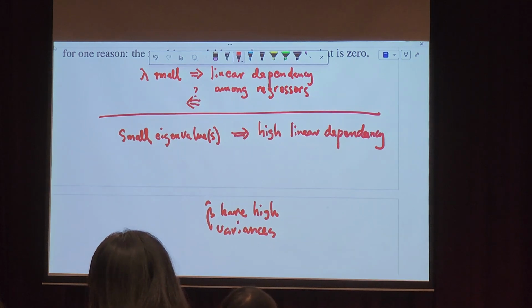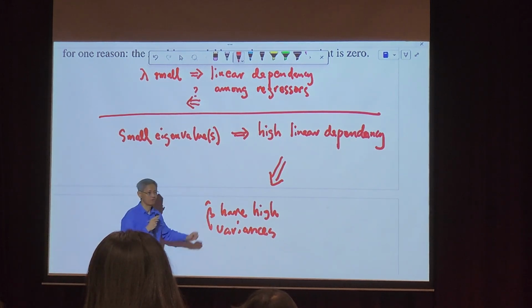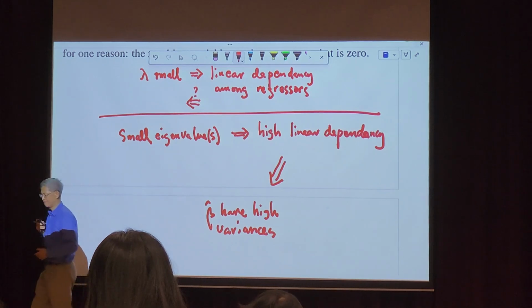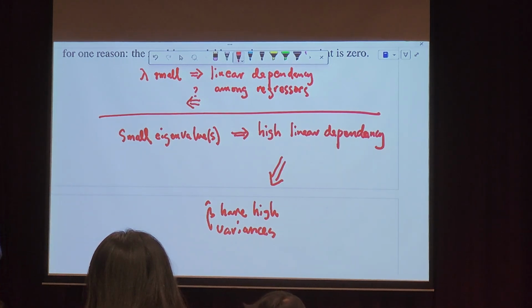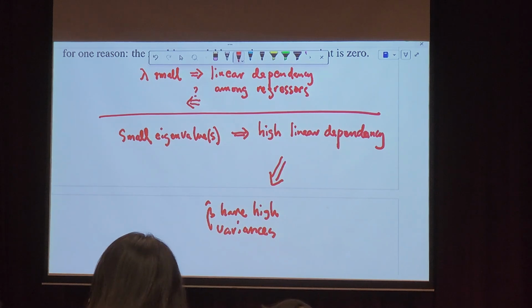Well, can we say that this is true? High dependency means the betas have high variances. How do you justify this? High linear dependency means multicollinearity. Okay.